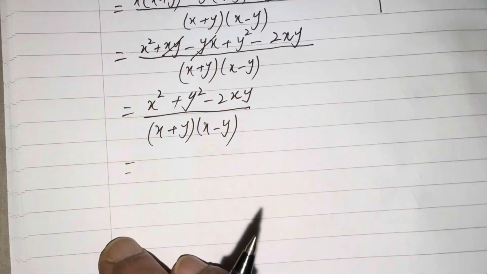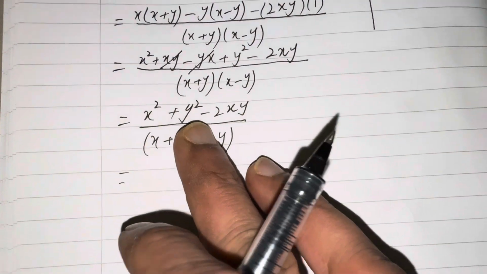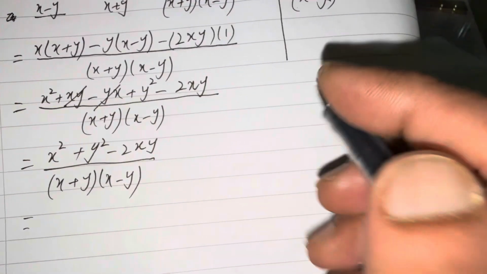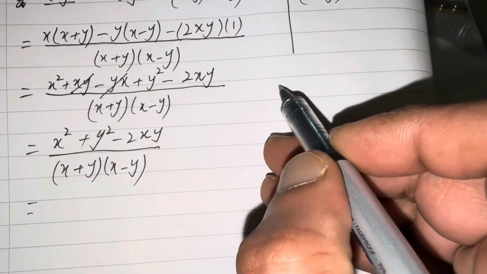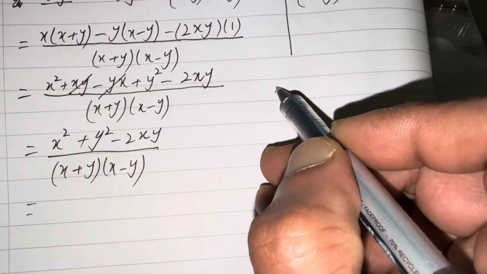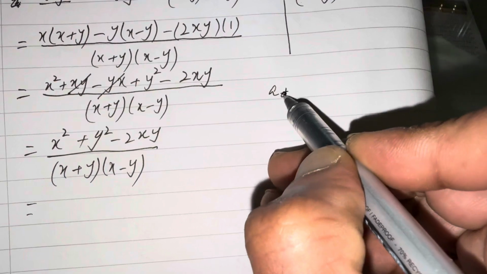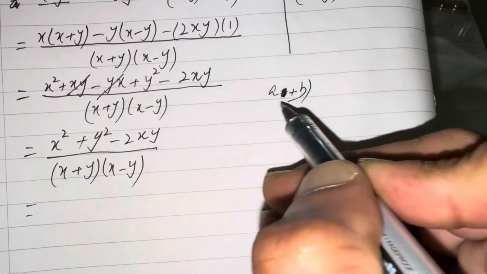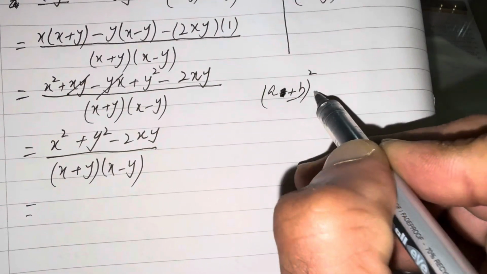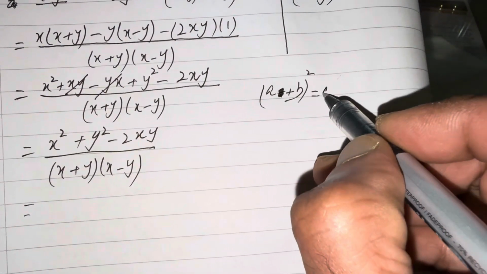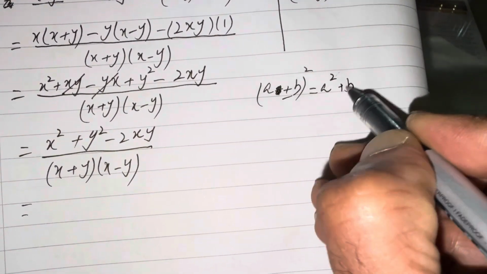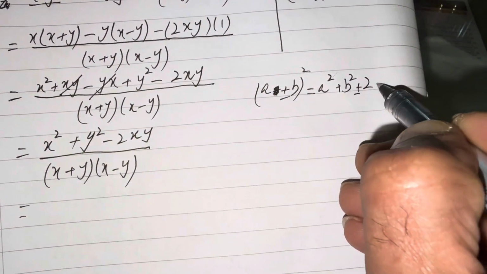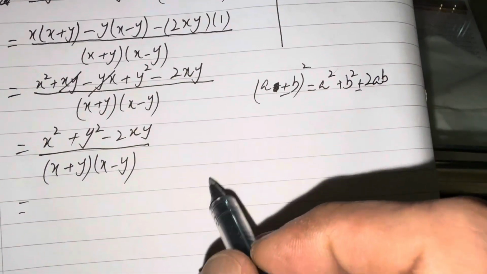So if you remember, that expanded form is showing a kind of formula that a plus minus b whole square will always equal square of first plus square of second plus minus 2 into first into second.